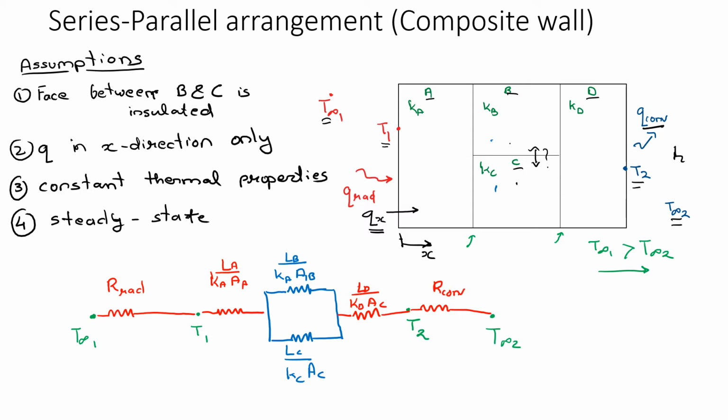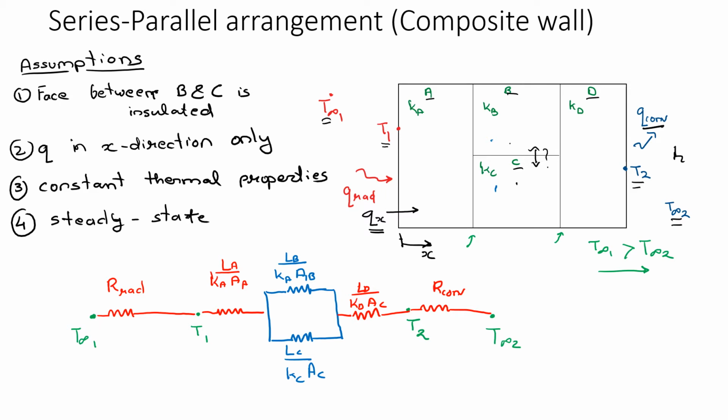So the first step after you read the problem is writing down the assumptions and then drawing the circuit diagram, making sure that you have included all the resistances that are stated in the problem. If the problem says that there is insulation on one surface, you may not have one of the resistances, or maybe none of the resistances due to radiation or convection.